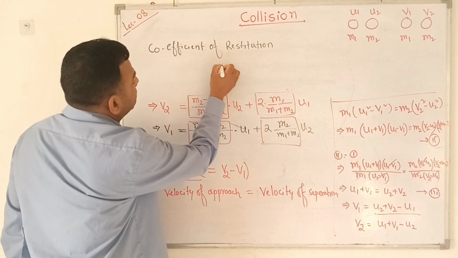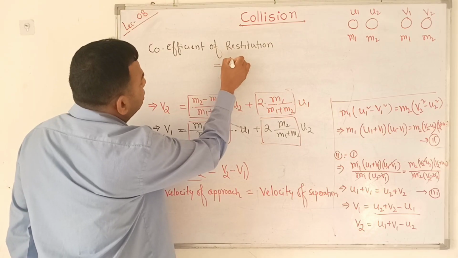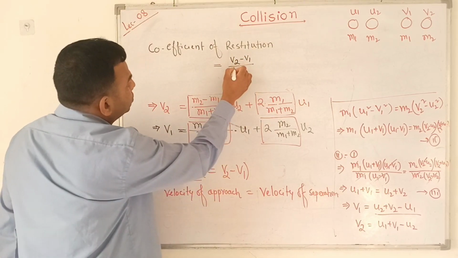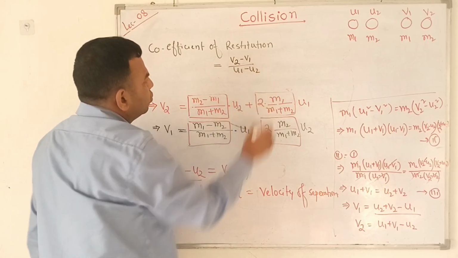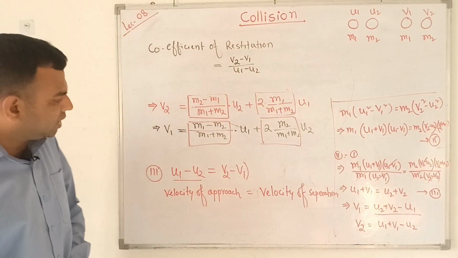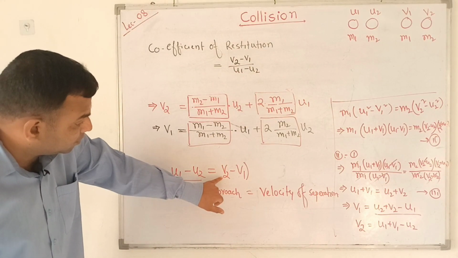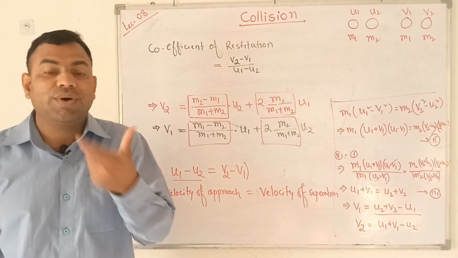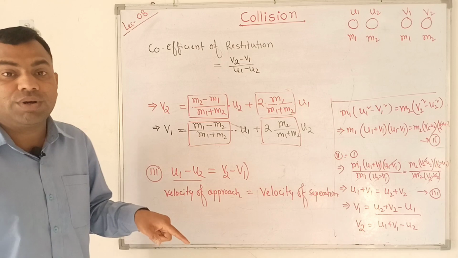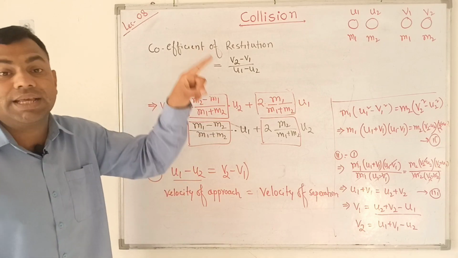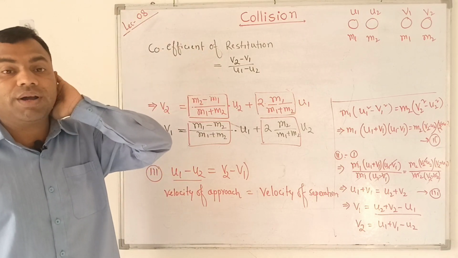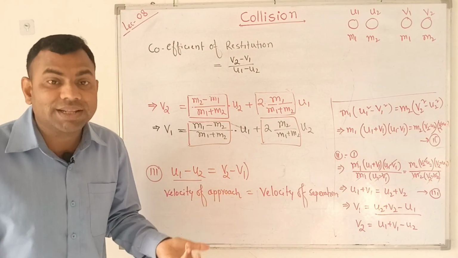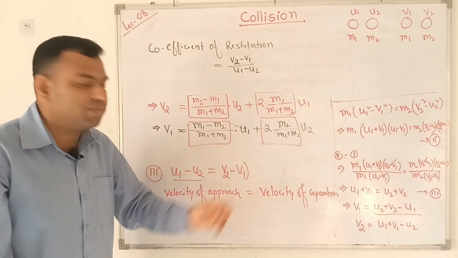That is, B2 minus B1 divided by velocity of approach U1 minus U2. Have you noticed that velocity of approach is U1 minus U2, not U2 minus U1, since U1 is greater than U2, and B2 will be greater than B1 since there is separation. That's why B2 minus B1.